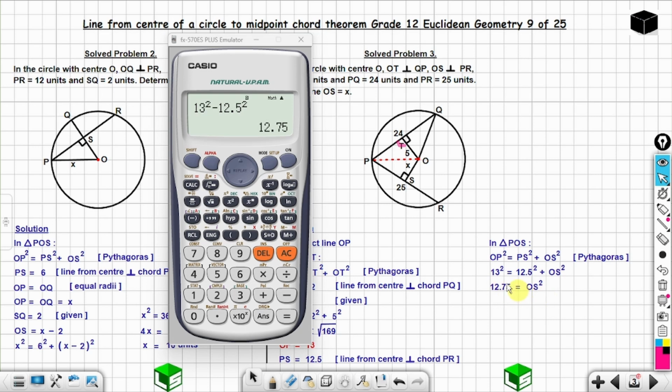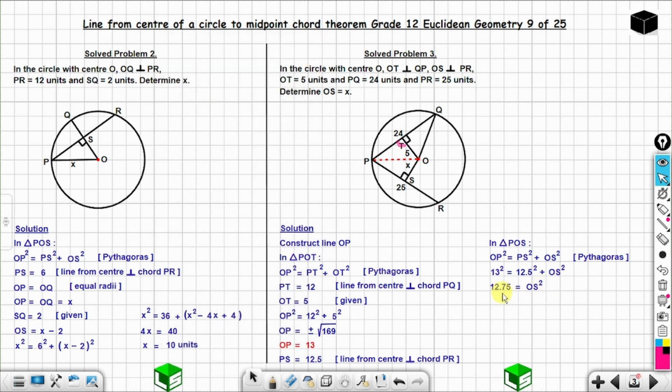To solve for OS, you are going to take the square root on both sides. OS is equal to plus or minus the square root of 12.75. OS cannot be negative.